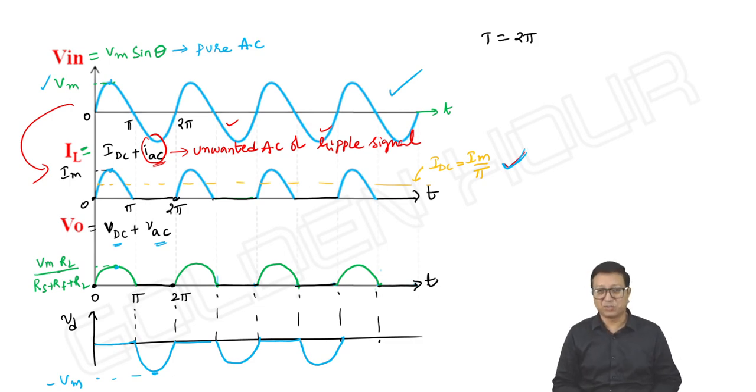To have larger DC currents or DC voltages across RL, the secondary voltage amplitude should be high. At the same time, when the negative cycle comes, that entire negative cycle is appearing across the diode. The diode is taking the responsibility of holding it.